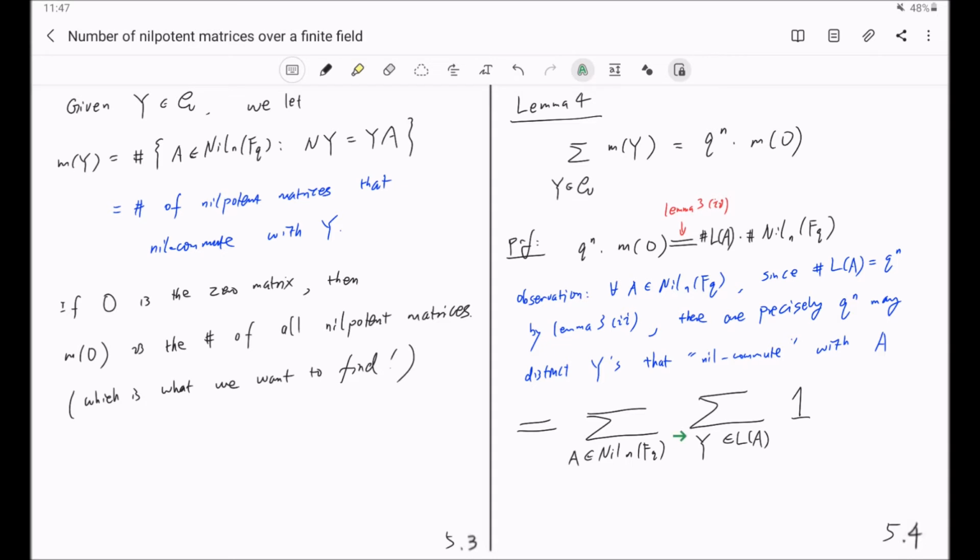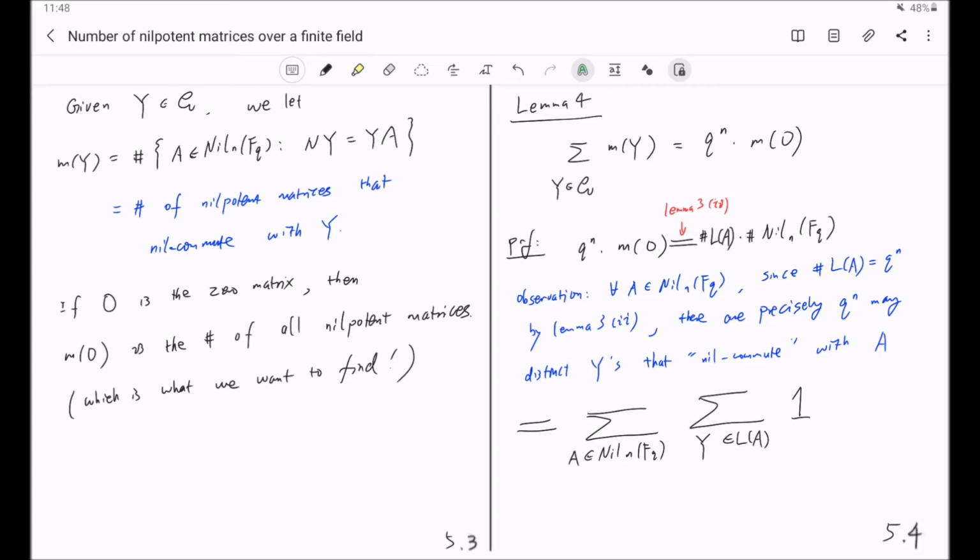So in this double sum, we consider for each A that's nilpotent, the summation of all y's in alpha A of those ones. We count the number of y's in alpha A. Now how about we start with y's and we count how many A's nil commute with y.